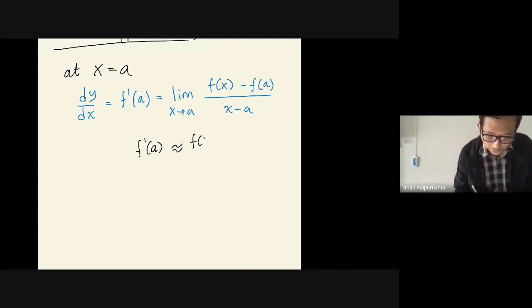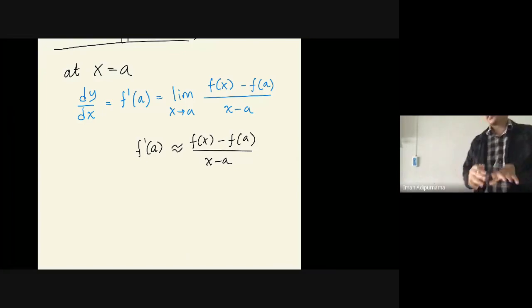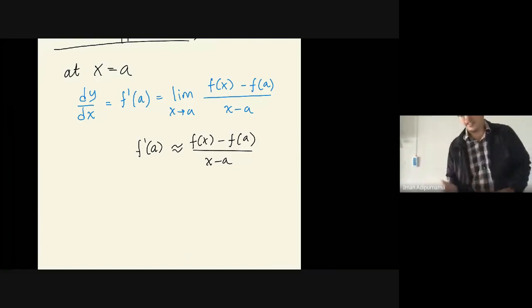So this is f(x) minus f(a) over x minus a. Let's just solve it in these terms, and then I will show you what this looks like in the graphs.